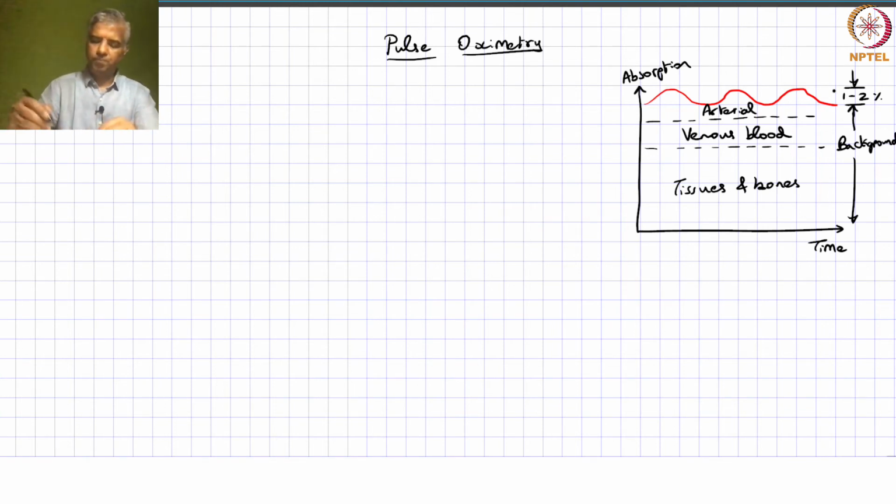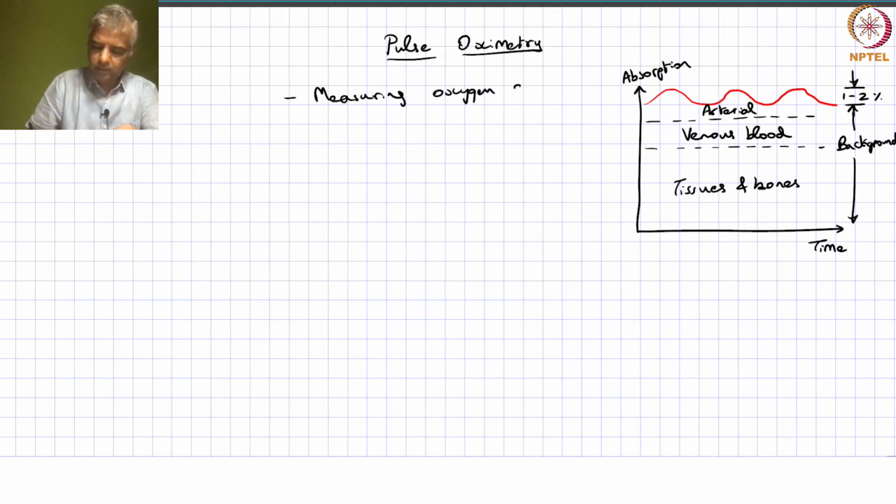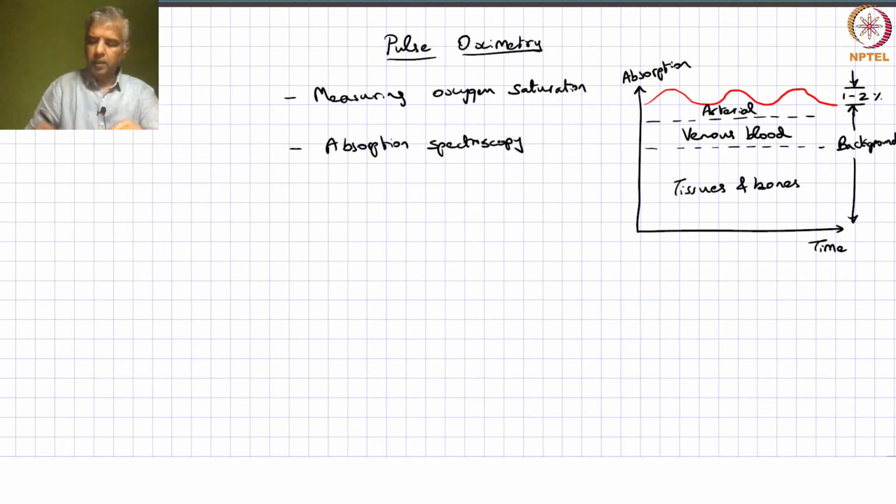Okay. So, coming back, we are essentially measuring oxygen saturation in blood, and that measurement is through absorption spectroscopy.